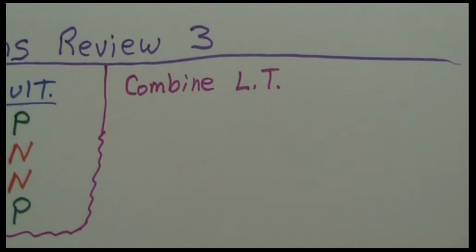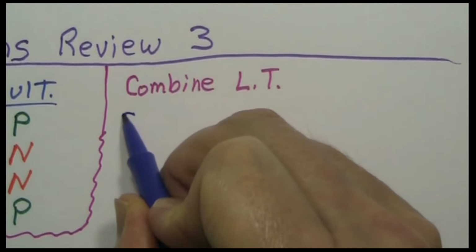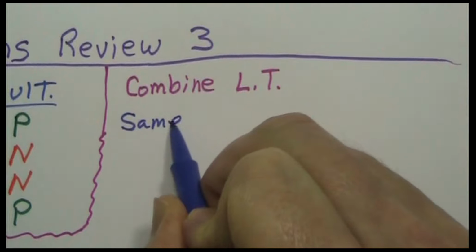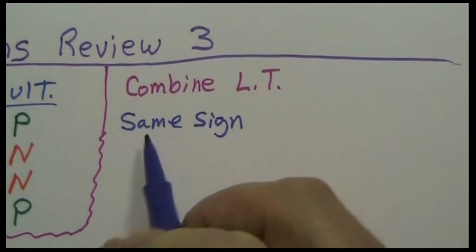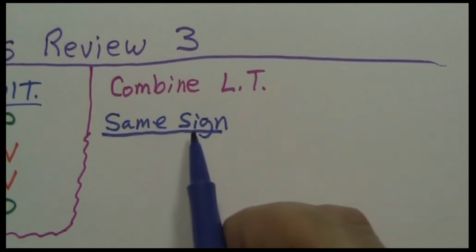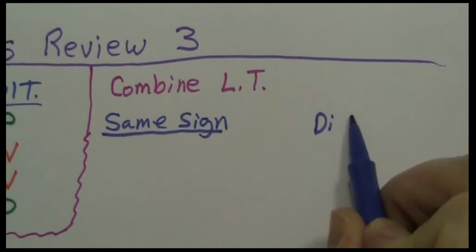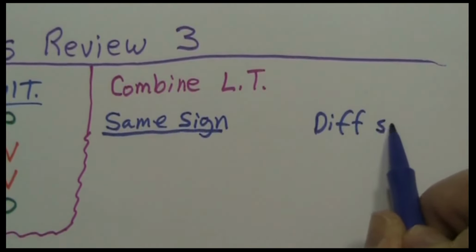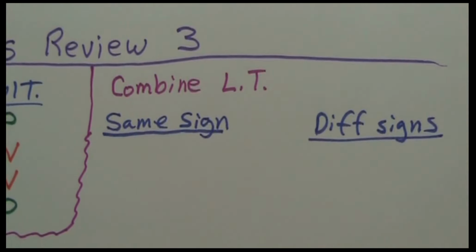So when combining like terms, just look to see what kind of sign it is. You have two situations. The two numbers are either the same sign, or they have different signs.